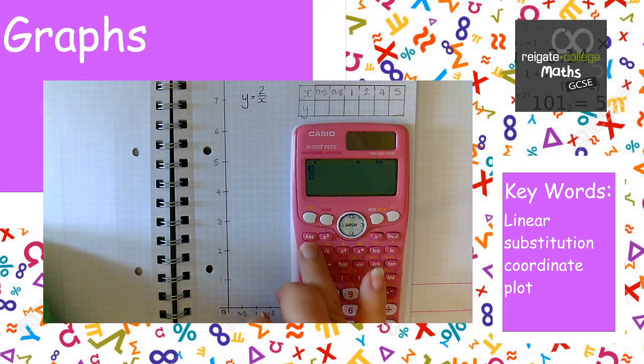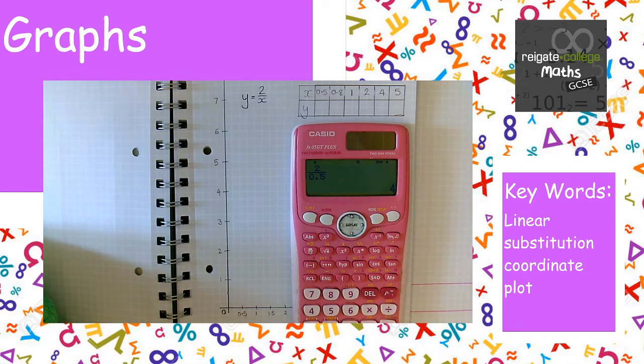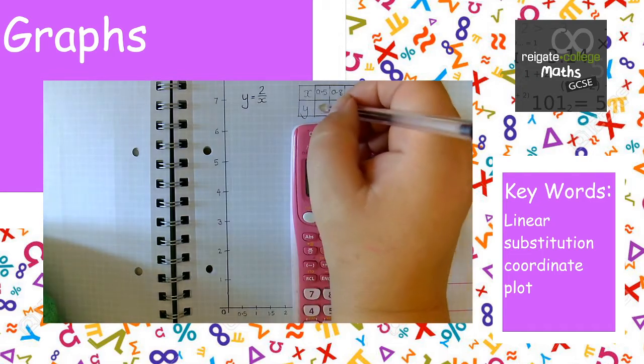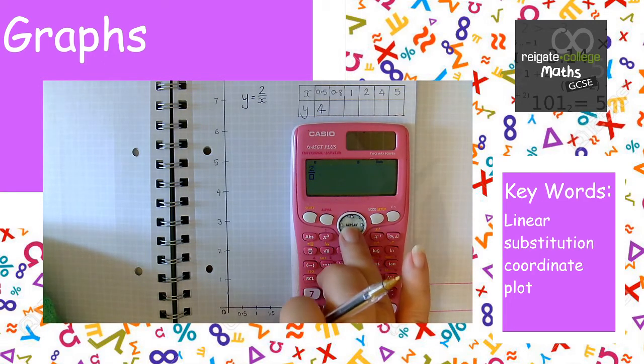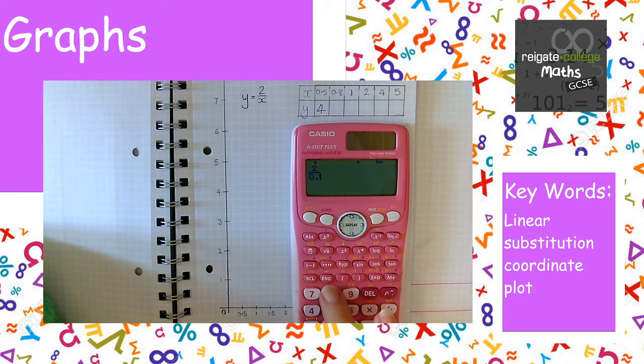So the first fraction I'm going to key in with the 2 as a numerator. My denominator is going to be the chosen x value of 0.5. And that gives y a value of 4. Where x is 0.5, y is 4. Clear the display and start again. 2 as my numerator, this time 0.8 as my given denominator.